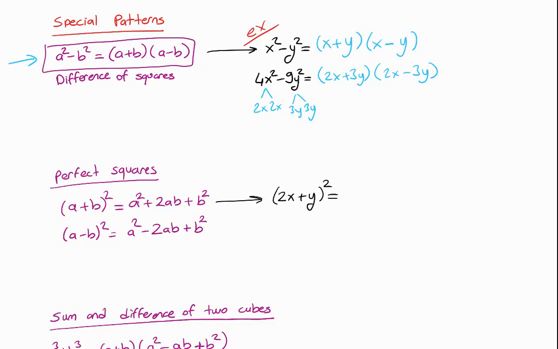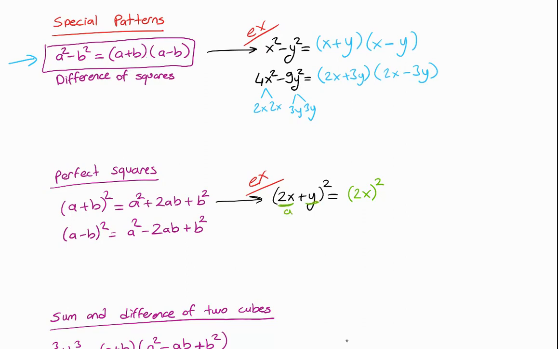How about perfect square? If I have variables a and b, and I add them and take the square of them, I can write it as a squared plus 2ab plus b squared. Let's say as an example, I have 2x plus y, and I take the square of them. I can write it, let me use another color, 2x squared because this is my first term. This is my second term.